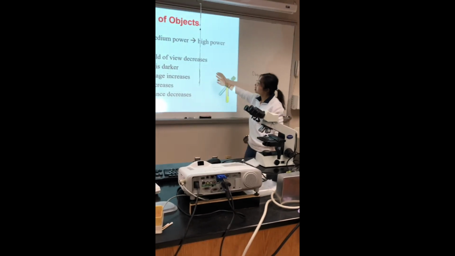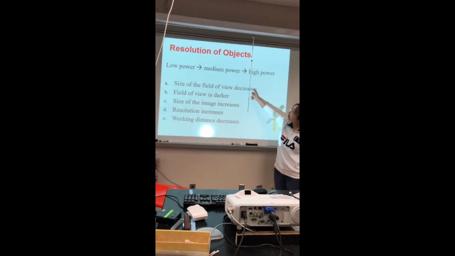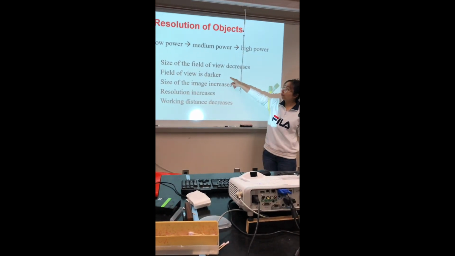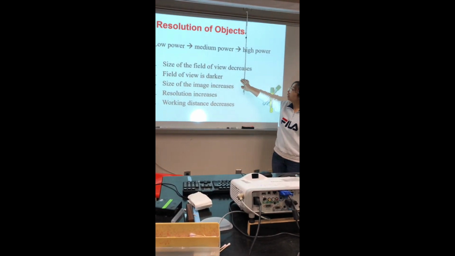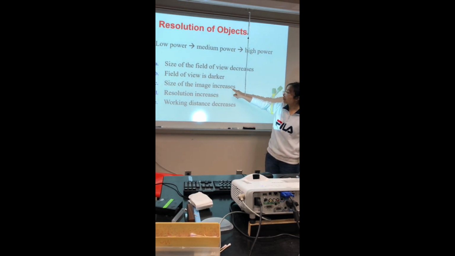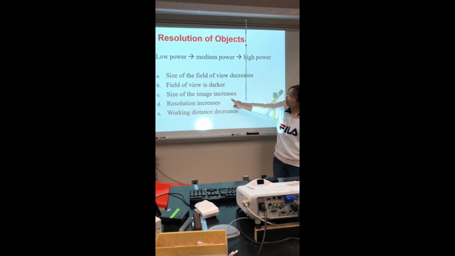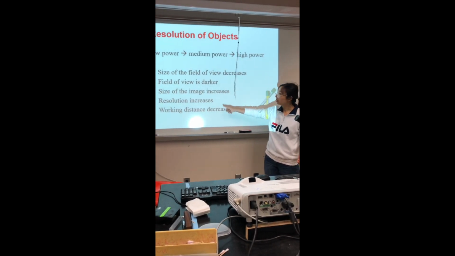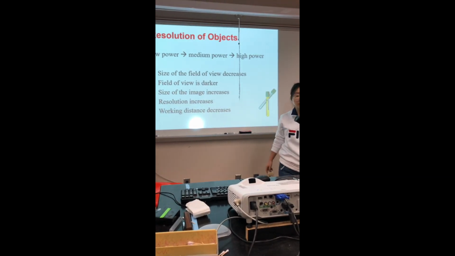So the size of the field of view decreases when you go from low power to high power. The field of view is darker, as less light would penetrate through. The size of the image increases. Resolution increases when you go from low power to high power, and the working distance decreases.